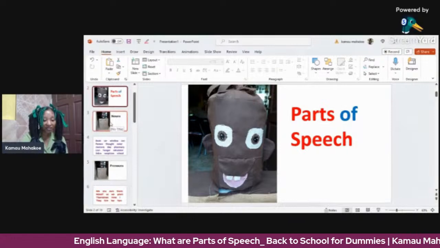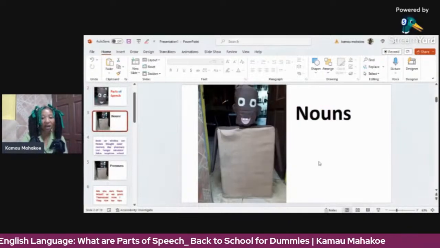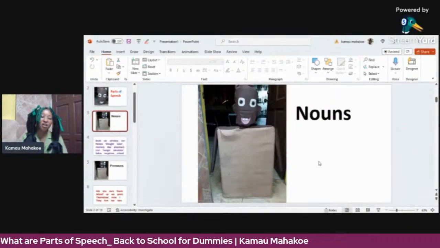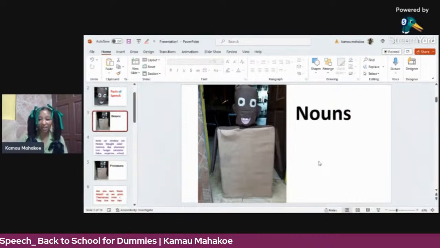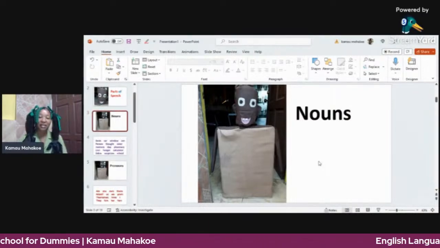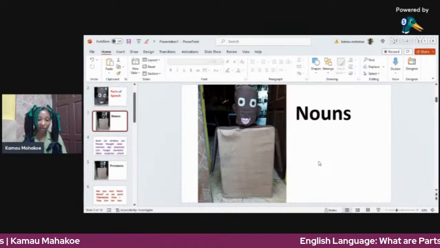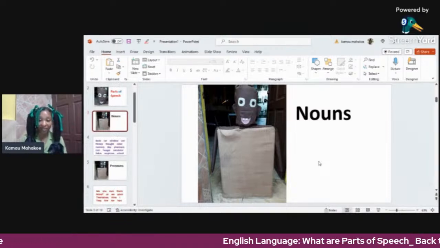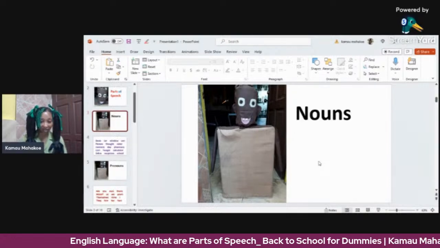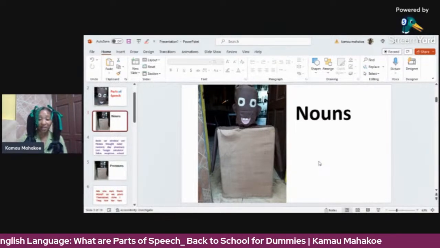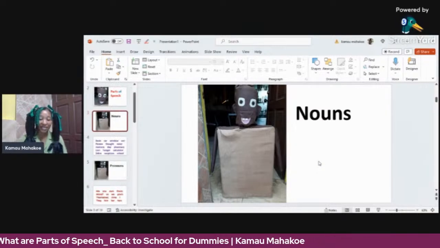And the first part of speech we're going to start with are the nouns. Now, you might remember in elementary school the definition that you're given for nouns. A noun is the name of a person, place, animal, or thing. Our elementary school students can recite that with their eyes closed, right?